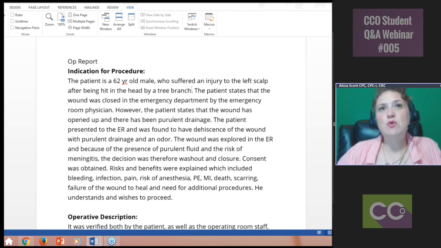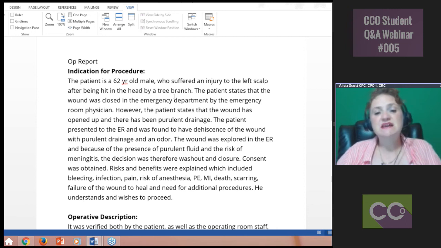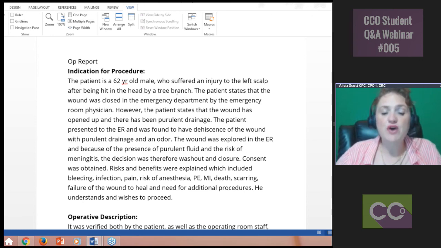Since this is an op report, we really don't have to do the location codes, those Z codes that say what he was doing and things like that, because his initial visit would have that. Right, so that's important to know. Although being hit in the head by a tree branch is codable.